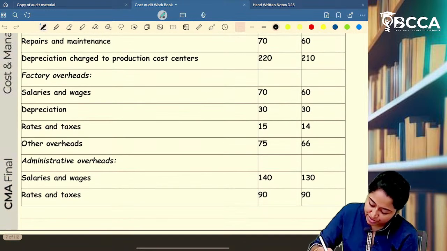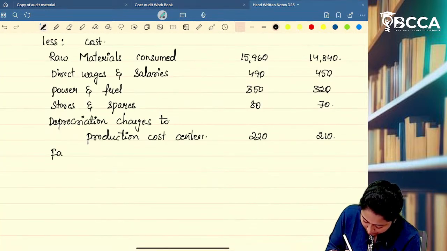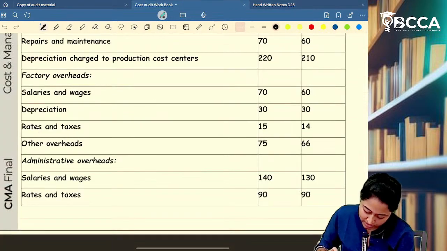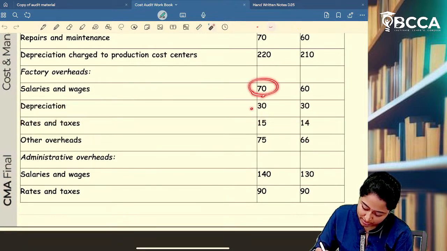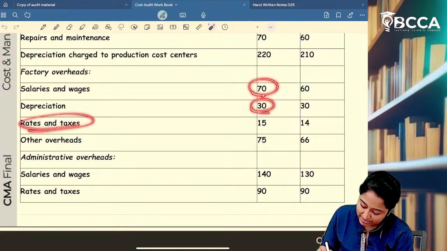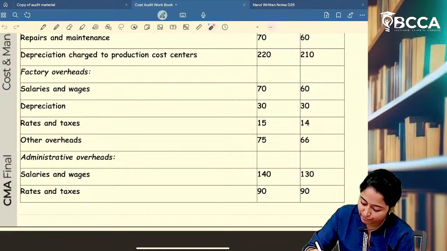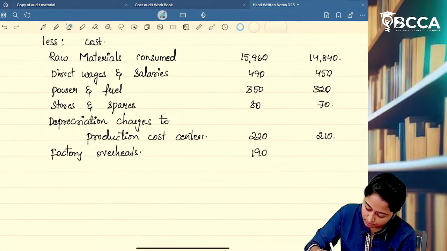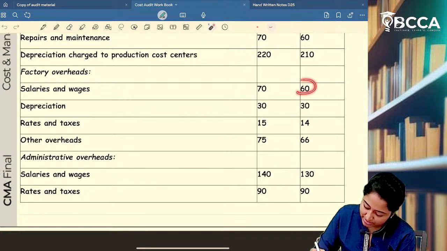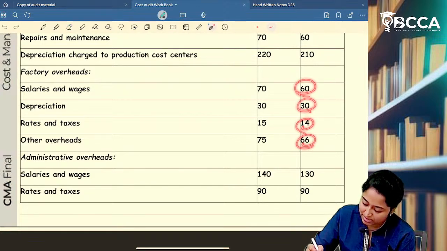Next, factory overheads. Tell me the total of factory overheads. 70, 30, 100, rates and taxes 115, other overheads 75, 190. And here 60, 30, 14, 66.